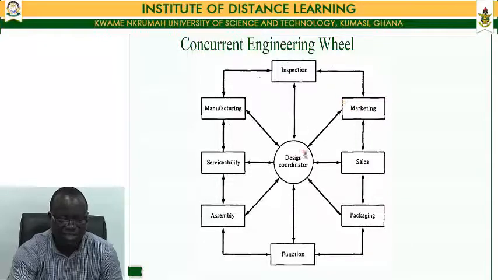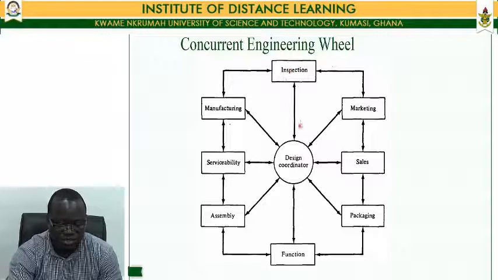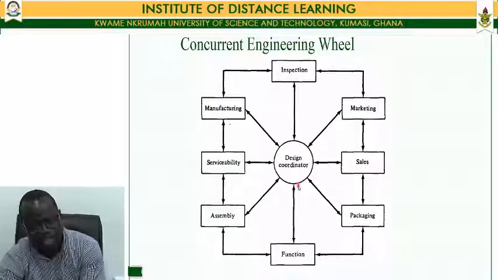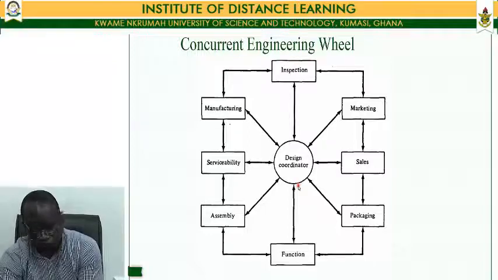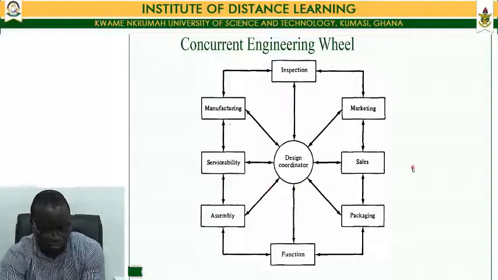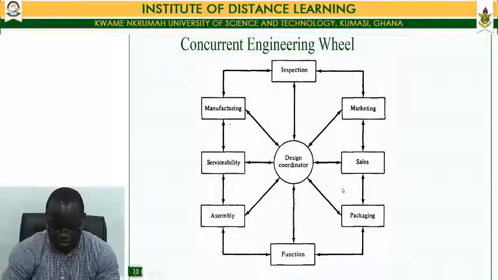At the same time, inspection will be talking to the design coordinator, there will be some interaction back. So there is a whole wheel that all the domain experts are on, and they will be working together to achieve an efficient product design.